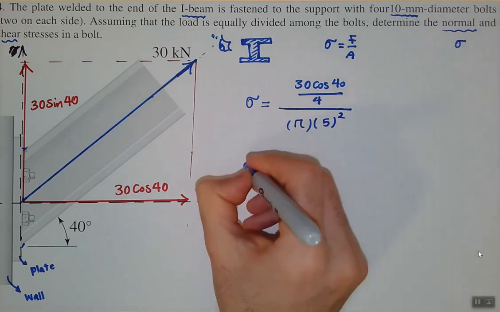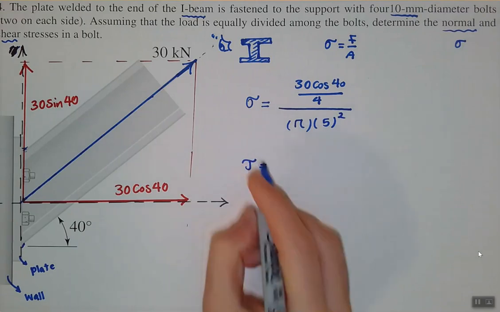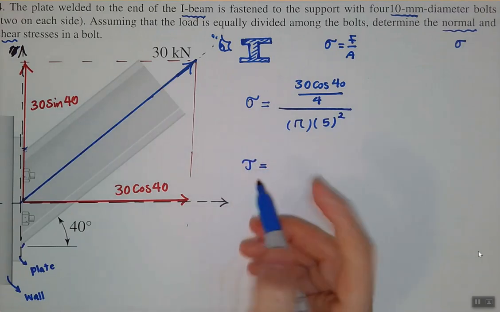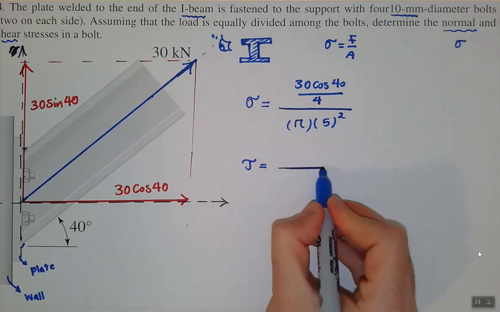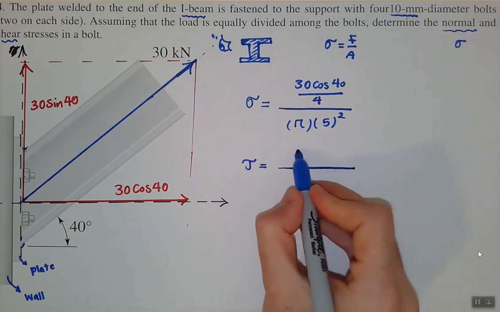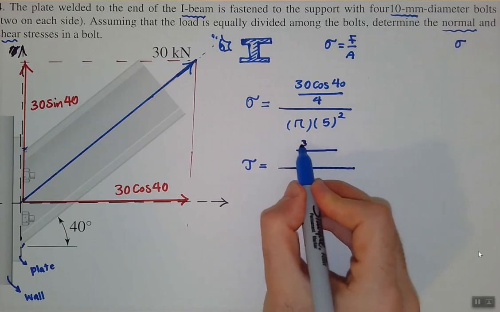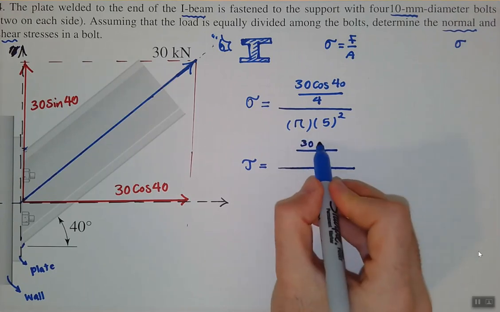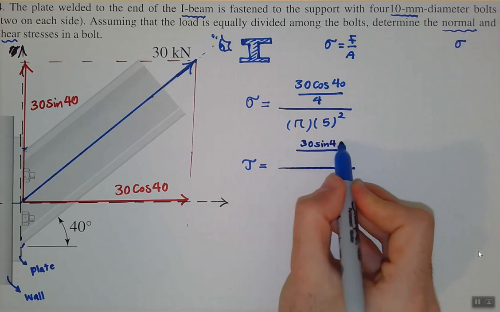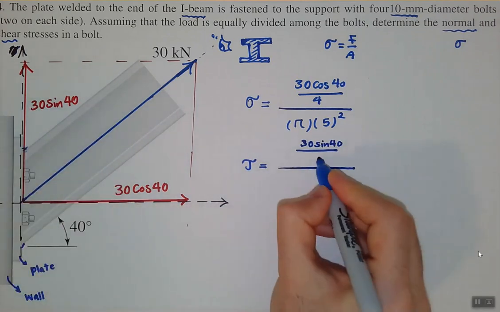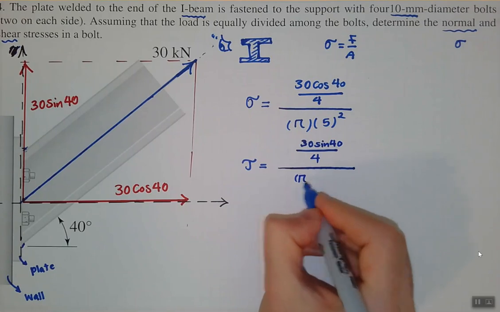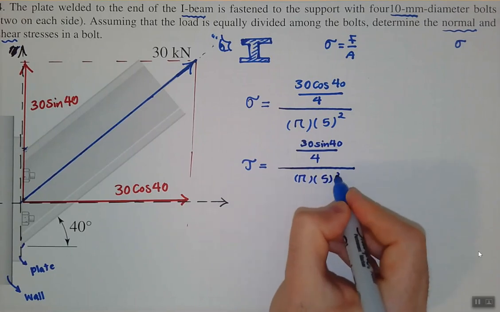And I do the same for shearing stress. Shearing stress, as I explained during the lecture, we show it by tau. So similarly, the load is 30 sine 40, right? This load divided by 4 and pi r squared.